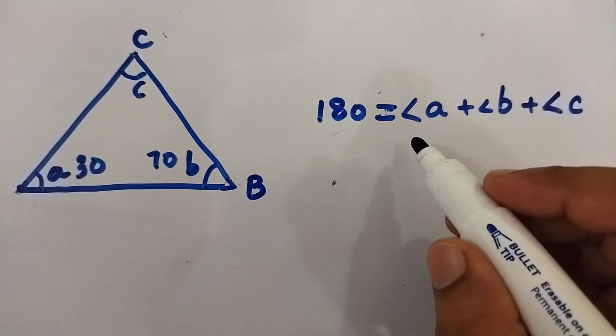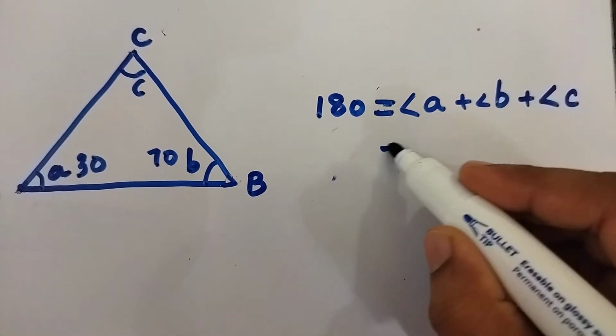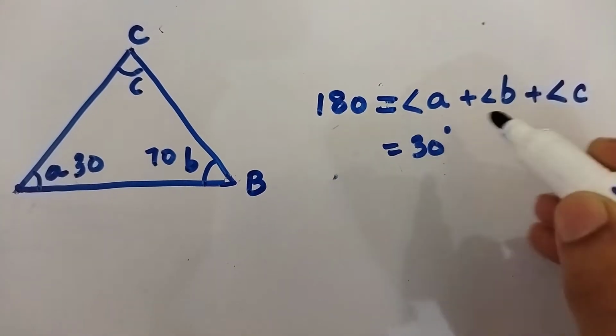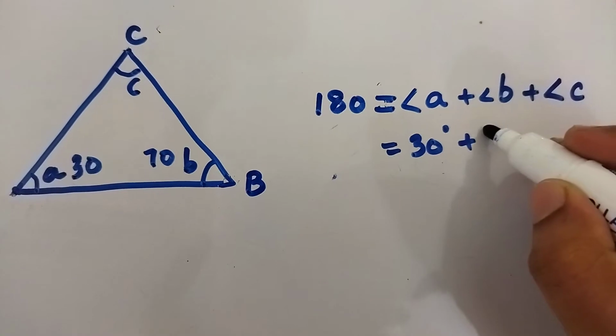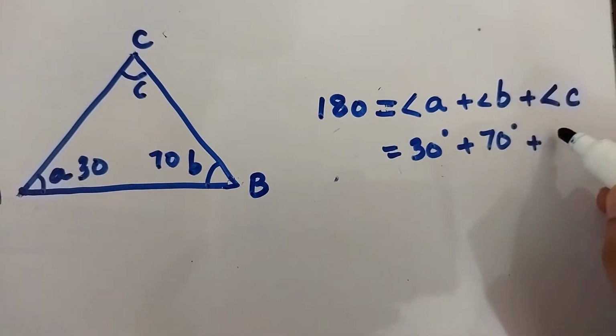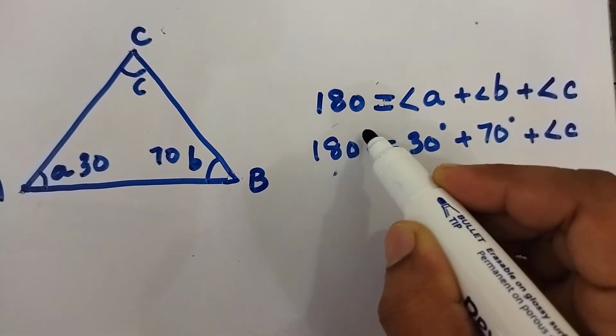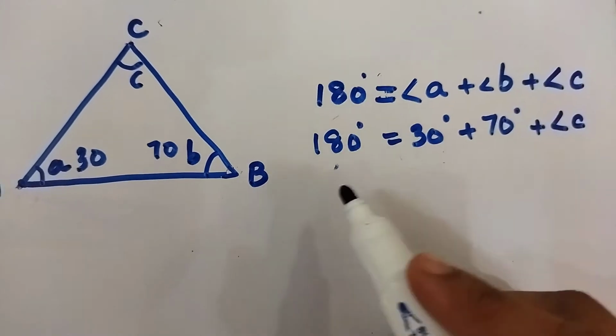So now we'll put the values of angle A, B and C. Angle A is equal to 30 degrees, angle B equals 70 degrees. So what will be the value of angle C? We have to find out. Here it's 180 degrees, right?